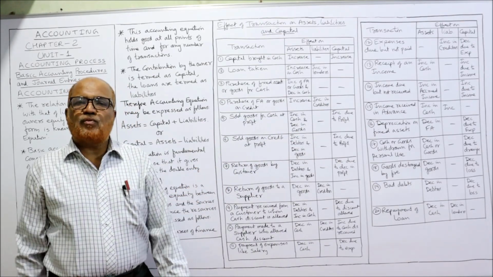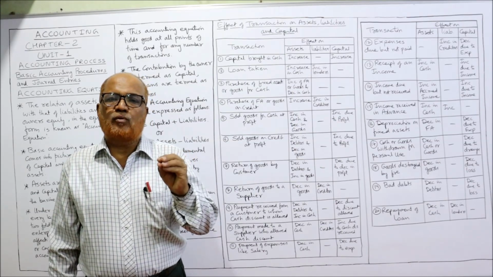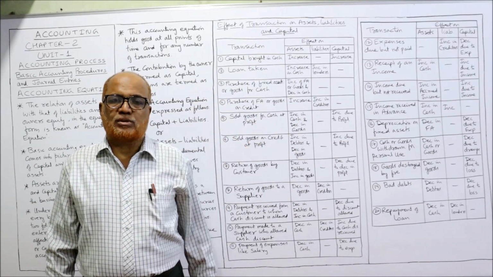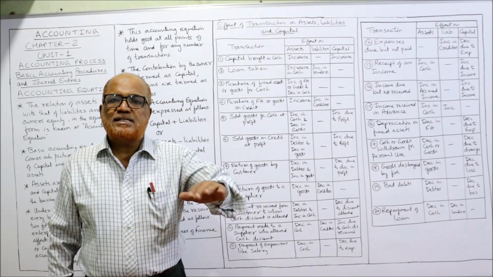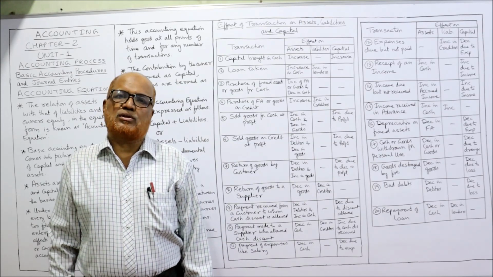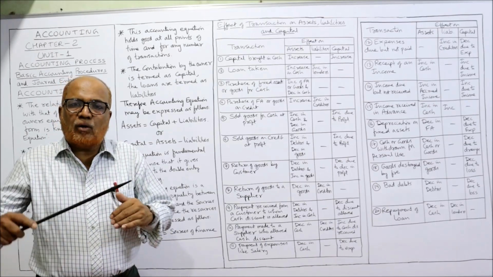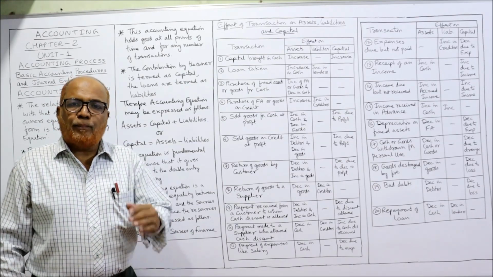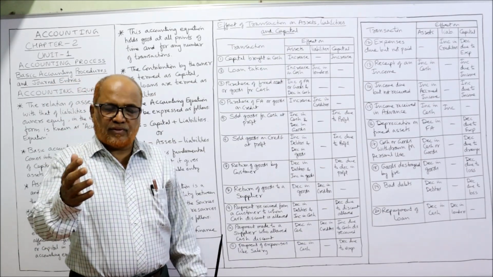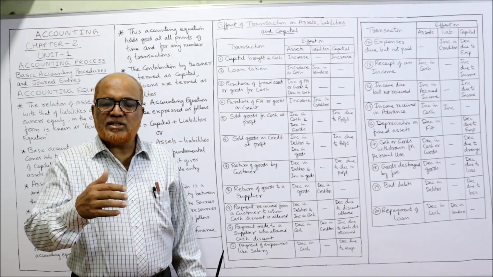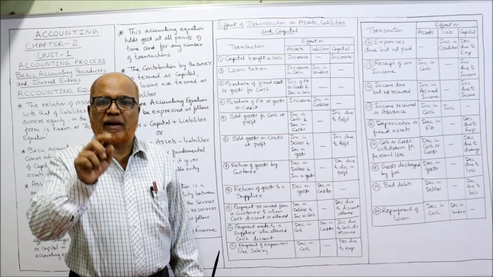Similarly, sold goods for cash at a profit. Example, 10,000 worth of goods are sold for 15,000. The purchase price of the goods, cost of the goods, is 10,000, but the selling price of the goods is 15,000. That means we are getting 15,000 and the goods are going 10,000. So plus 15,000 minus 10,000. Cash is coming in and goods are going out. When cash comes in, 15,000 plus.